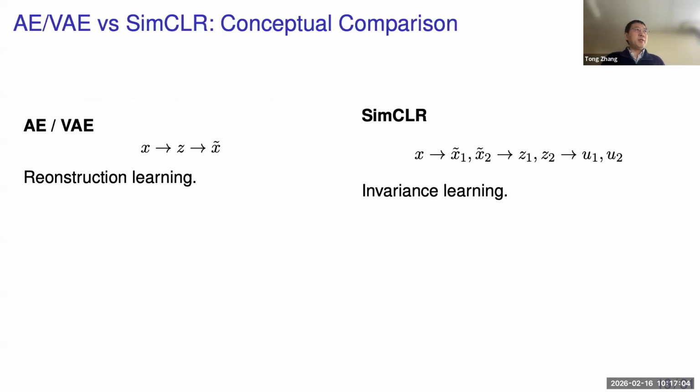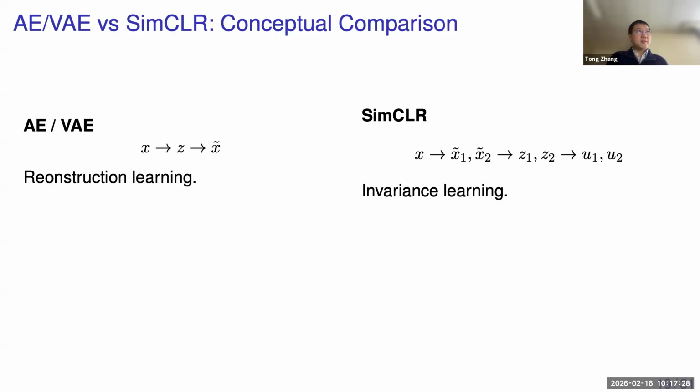So VAE versus this, we will just try to say what's the difference. Again, we just reiterate because these are quite different approaches. VAE, the last two lectures, is reconstruction learning.